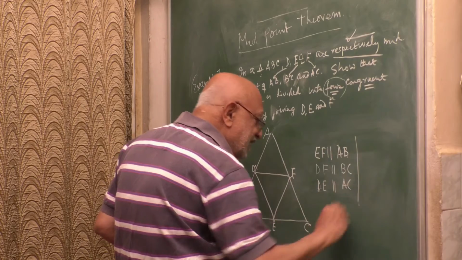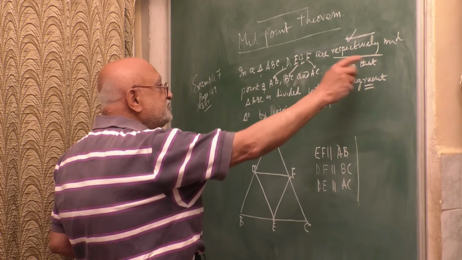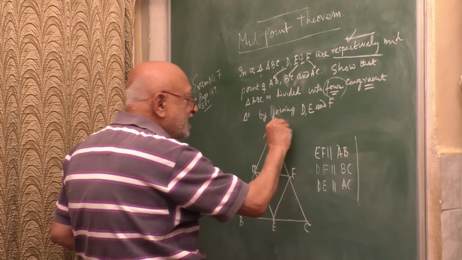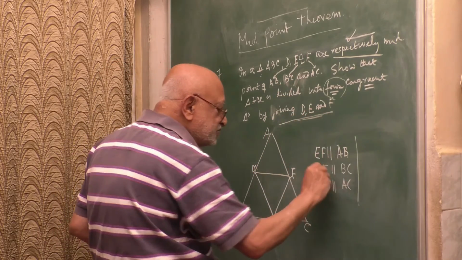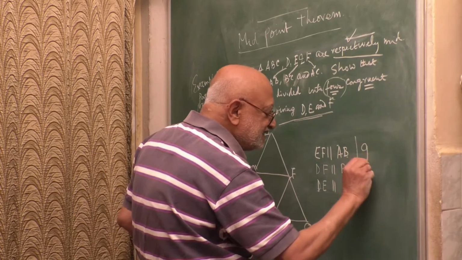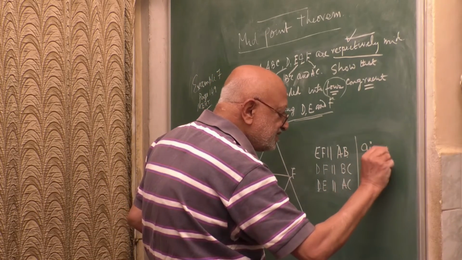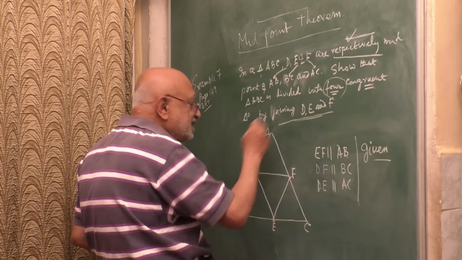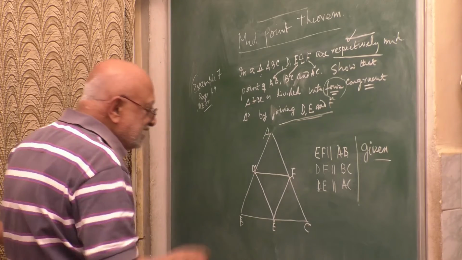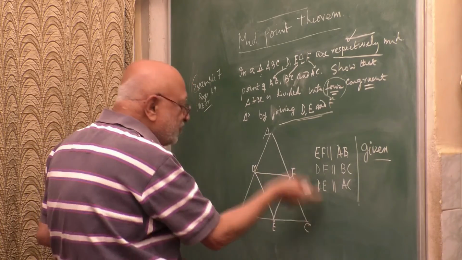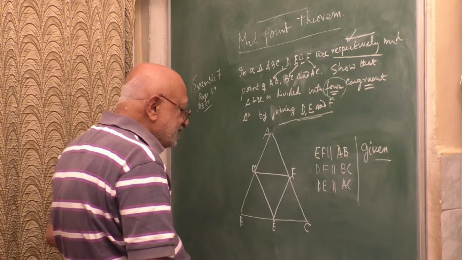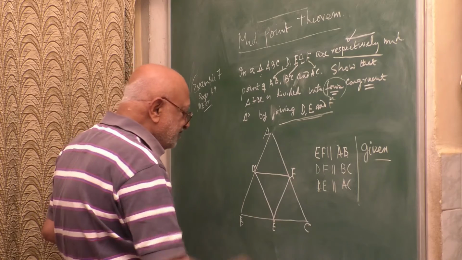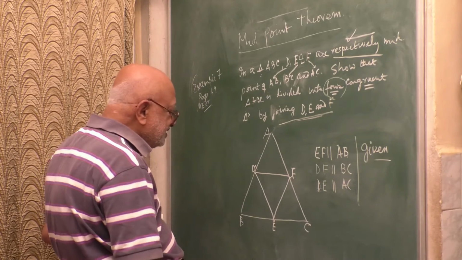Why am I able to do that? Because it is said to join the midpoints of ABC, and so joining, I have joined. As soon as you join, you can indirectly say this is given, because as soon as I join these midpoints, these will be parallel. We have done both the theorems earlier, before this problem, so this is a very good application of that point. So this is given.